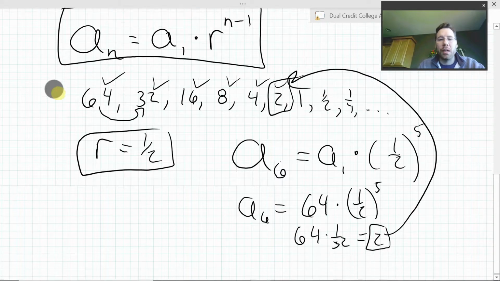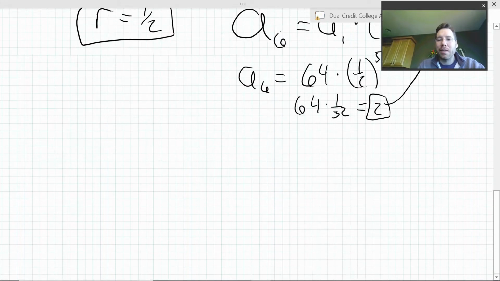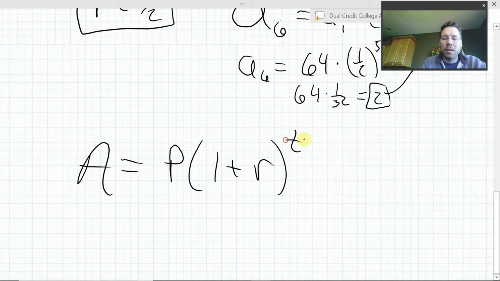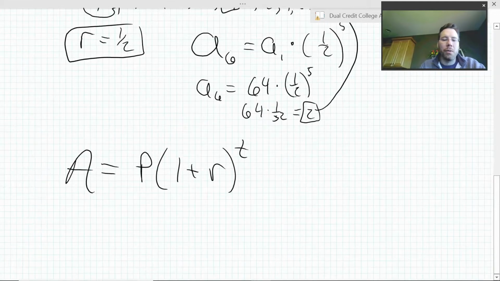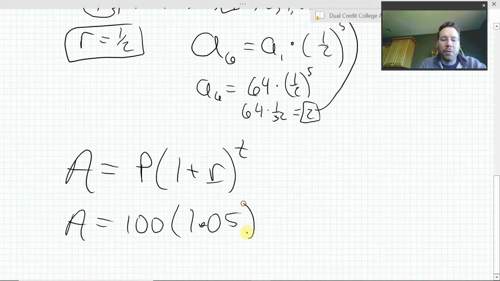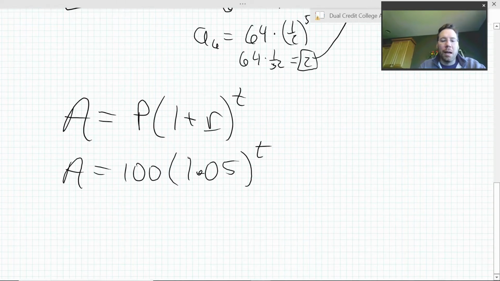Now, when you look at this, this is actually something we've done before. When I think about A equals P times 1 plus R to the T, do you notice that that formula for compound interest is geometric? So if I invest $100 and I say A equals 100, and I say R is 5%, remember that's the decimal, so I'd say 1.05 to the T. And I say how much is it worth in 5 years or 10 years or 30 years, we would just change this exponent.